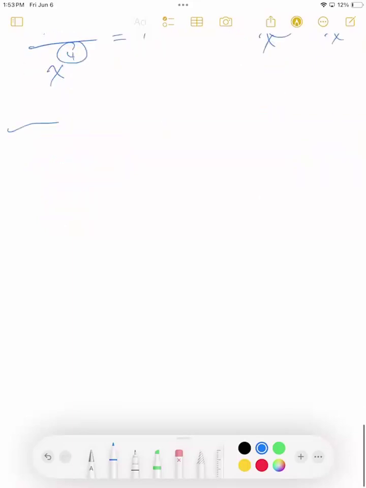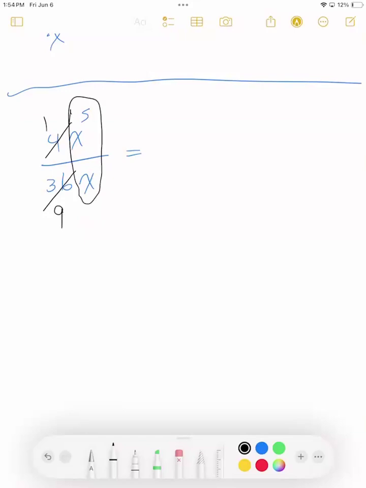Let's do another problem. We have 4x to the power 5 over 36x to the power 1. 4 and 36 can be reduced. 4 goes into 4 one time, 4 goes into 36 9 times. But we do the same thing for the x's as above. We go 5, take away 1 is 4.